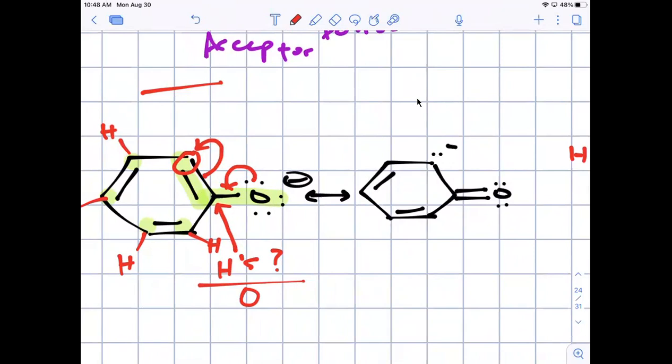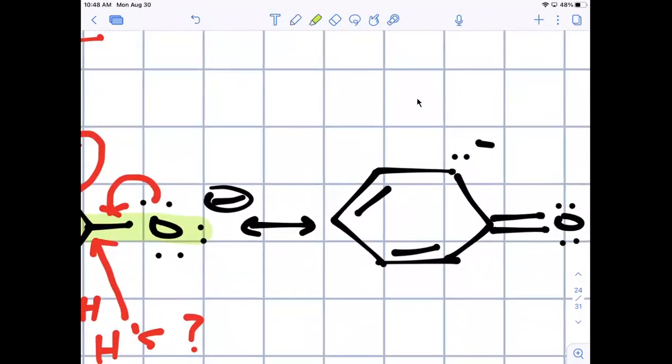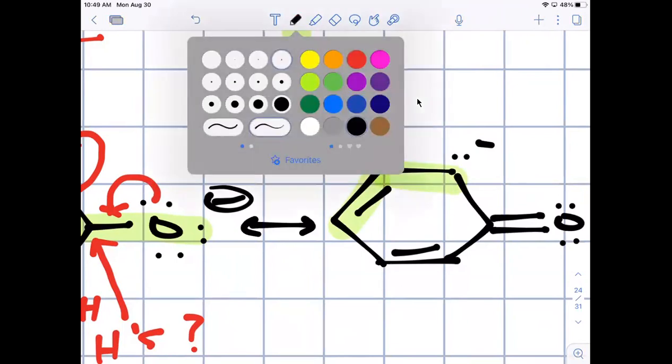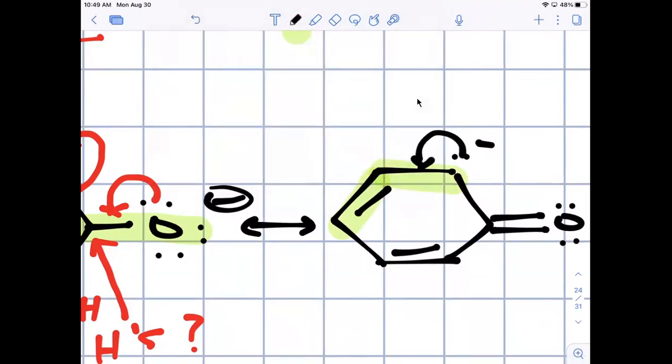All right. Can we do another resonance form here? Do you see that pattern again? An allylic anion. Yeah, you can. So I can do this. Boom, make that into a pi bond.